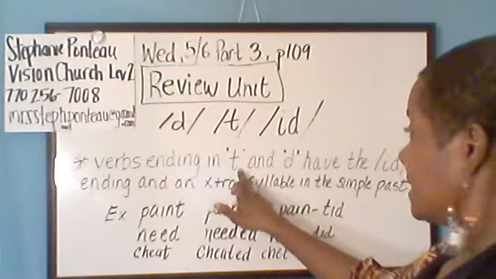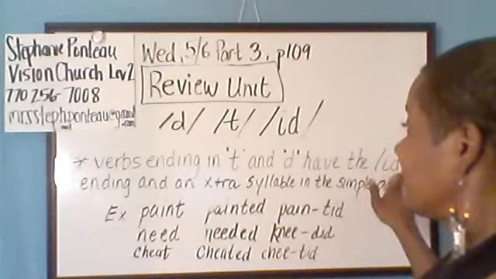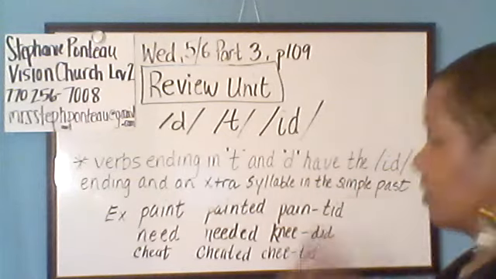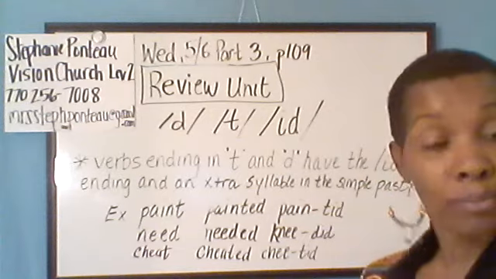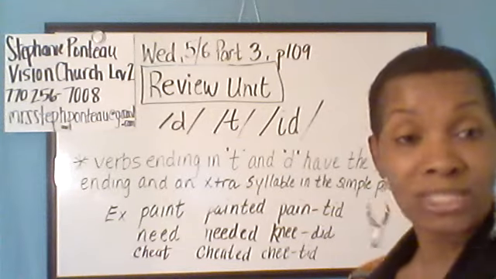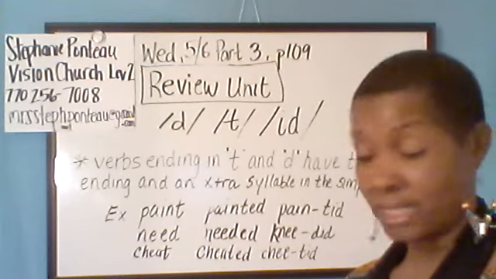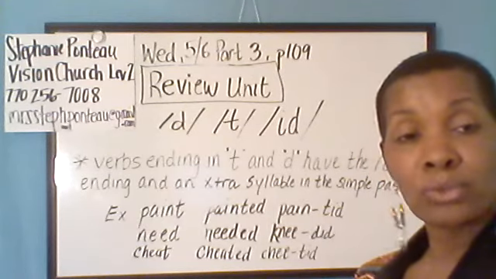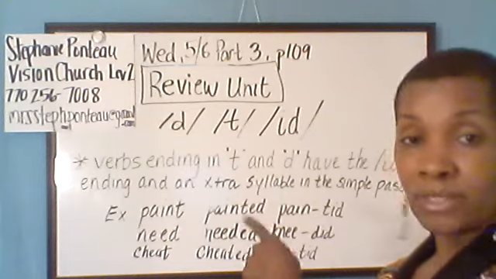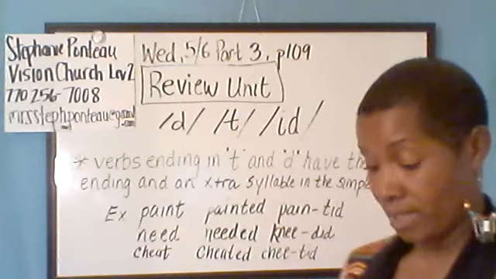The verb ended in T and it has the id sound and the extra syllable in wanted. Like with help and helped, it's still a one syllable word. Ends in P, not T or D. So that's the difference. Used. Use, it ends in E. This rule doesn't apply. It's just used. It's still a one syllable word.